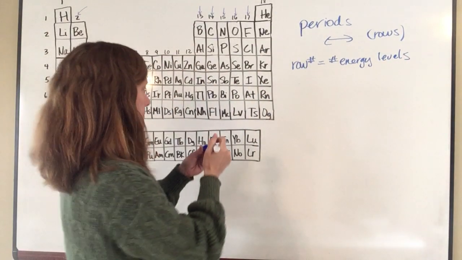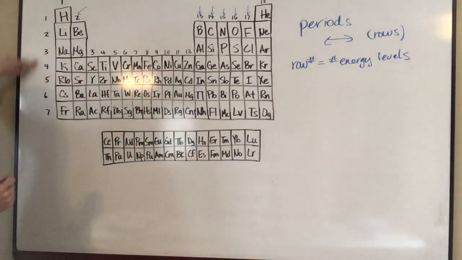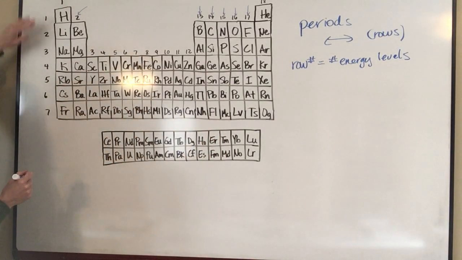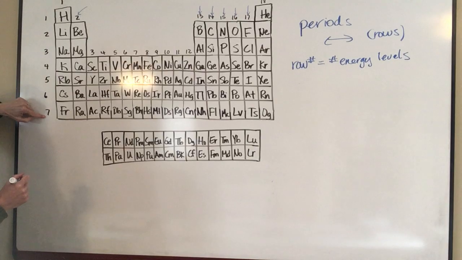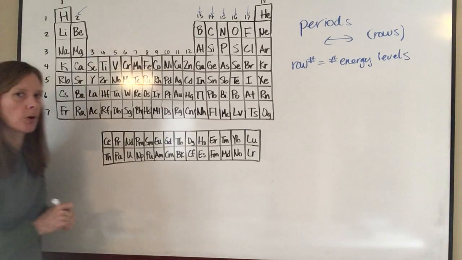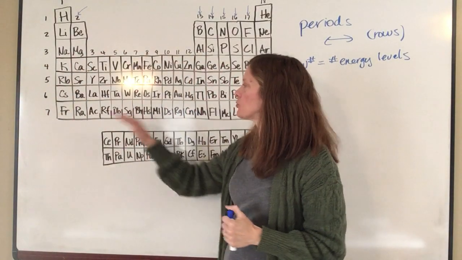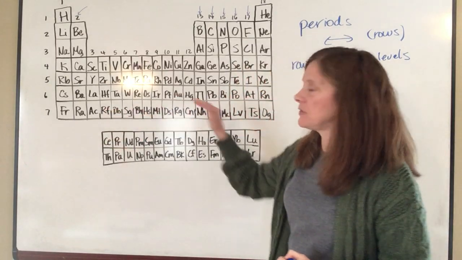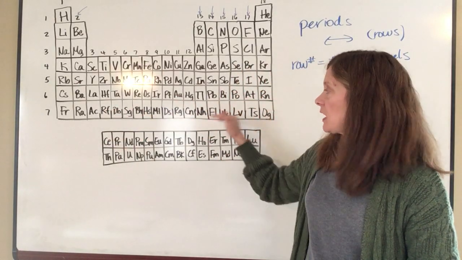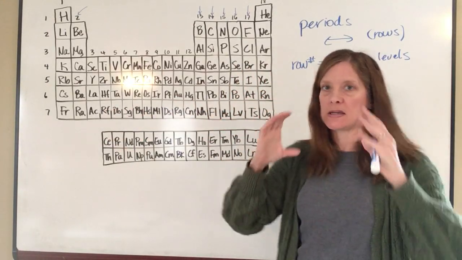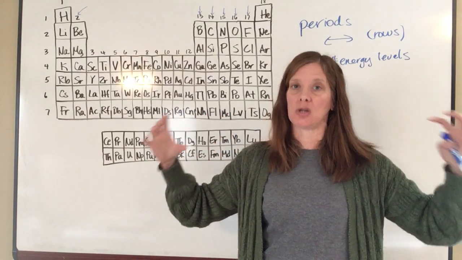Okay, so you can see over here, it goes all the way up to 7. 1, 2, 3, 4, 5, 6, 7. And so I have 7 energy levels represented by the elements that the elements on the periodic table will have. So I can get up to 7 layers on my onion.